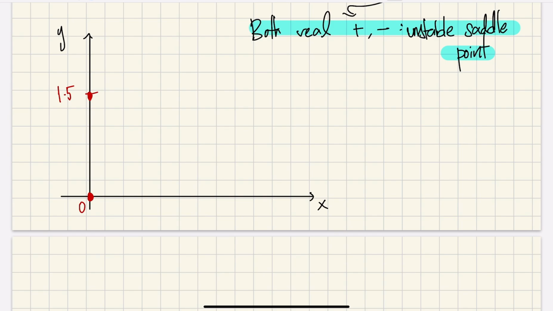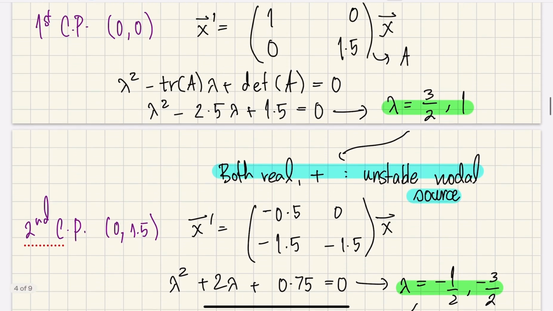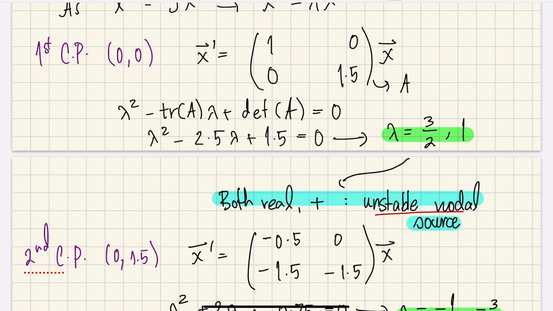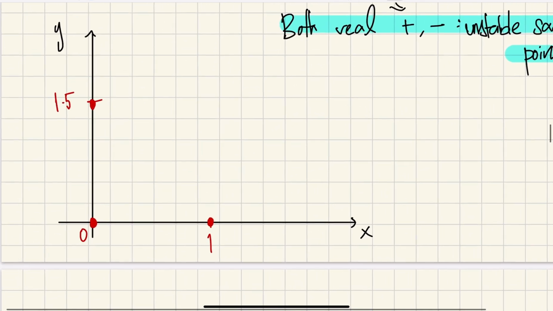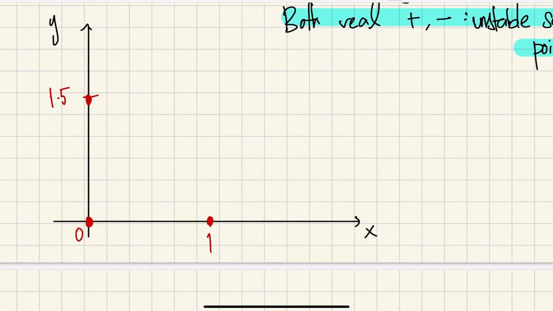And we have a 1, 0. Okay, so our 0, 0 is an unstable nodal source, which means it's got stuff coming out of it. For now, let's put it like this.